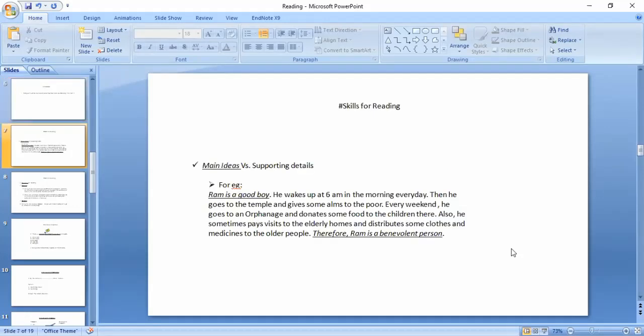Now we will talk about the skills needed for the reading section. Number one is main idea versus supporting details. For example: Ram is a good boy. He wakes up at 6 a.m. in the morning every day. Then he goes to the temple and gives some alms to the poor.